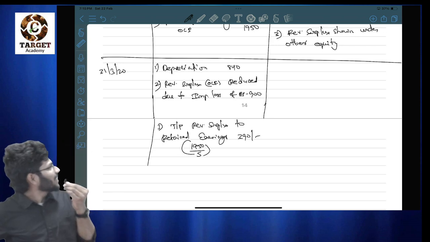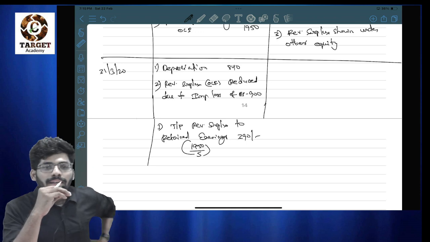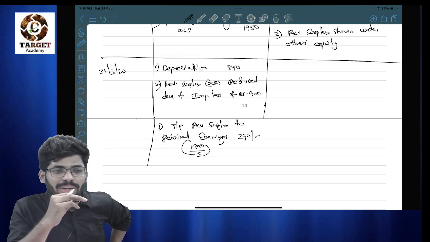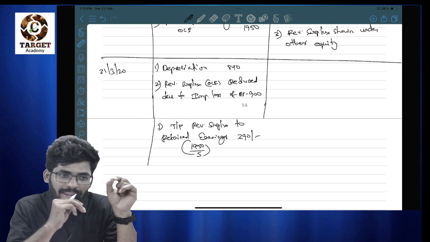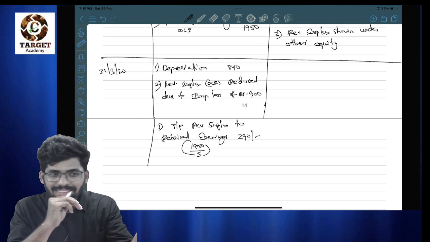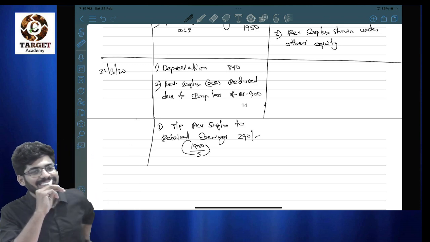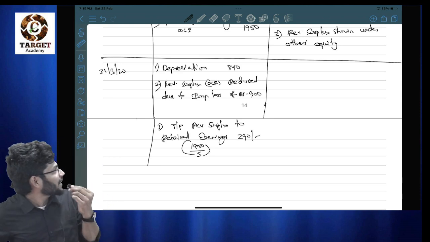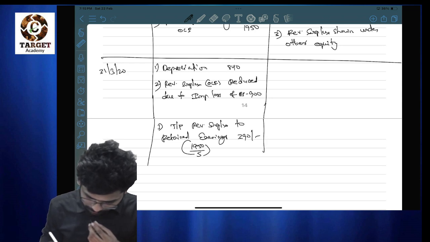Okay, very good. 165. Correct? Tell me the calculation. 1950 minus 390 minus 900 divided by 4. Yes. Clear. So from next year, that is the amount we need to transfer. How much? 165. Okay.